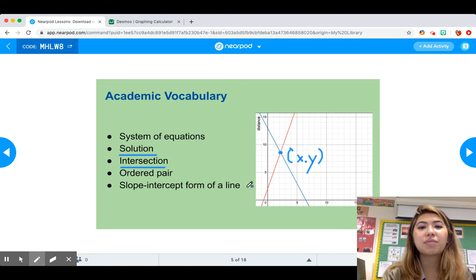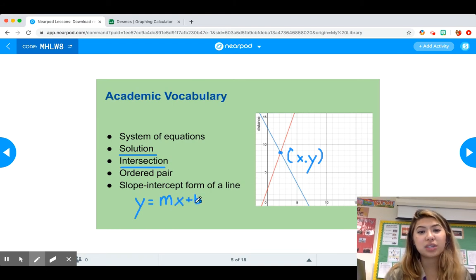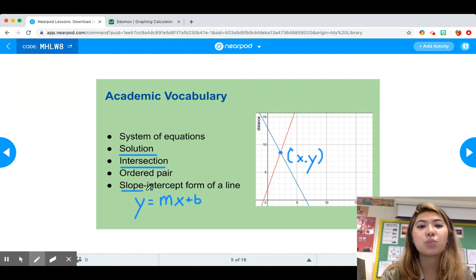And then slope-intercept form of a line is the equation that we've been using, which is y is equal to mx plus b, which is how we're going to be seeing these system of equations. There's other ways that linear equations can be written, such as standard form or point-slope form, but today we're only dealing with slope-intercept.